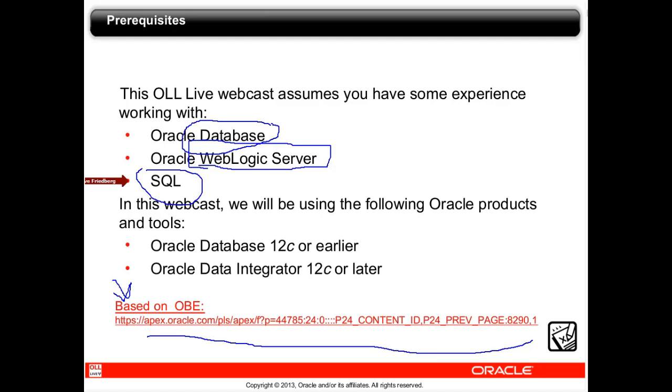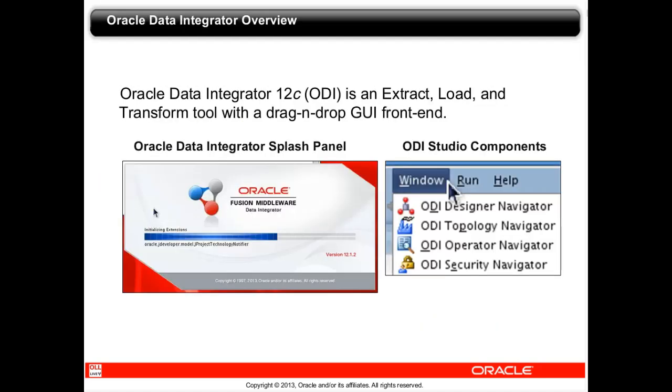So what we're going to do is we're going to use the GUI part of ODI, and the GUI part is called ODI Studio. ODI Studio is made up of these 4 components, and we're going to spend most of our time in the topology one today, which is where we create the agents. In the previous examples, the previous OBEs, we did designer and topology both.